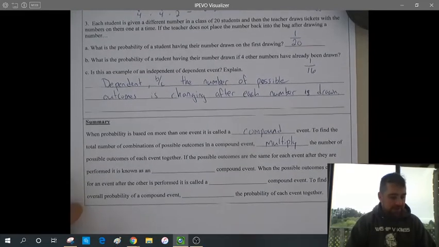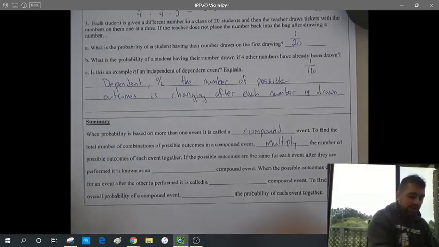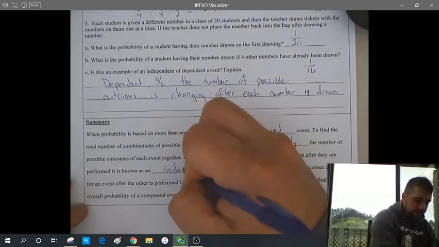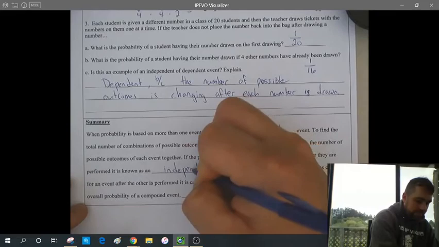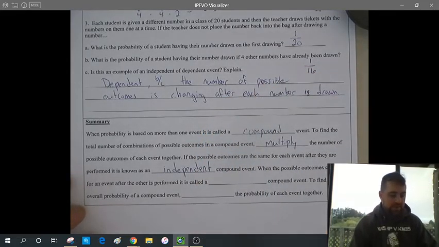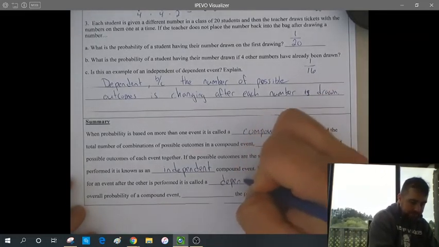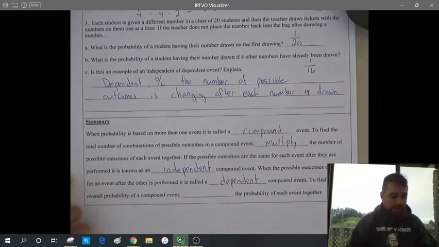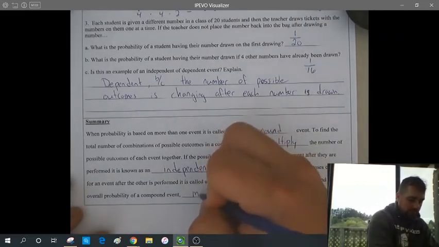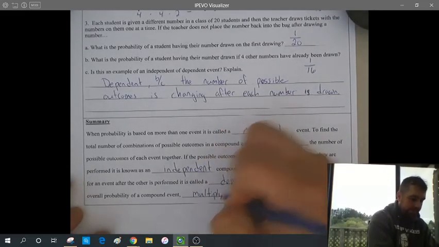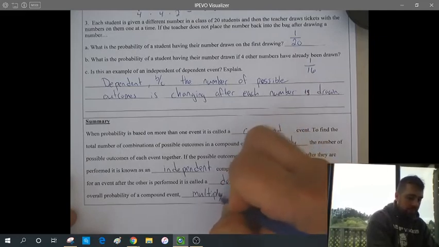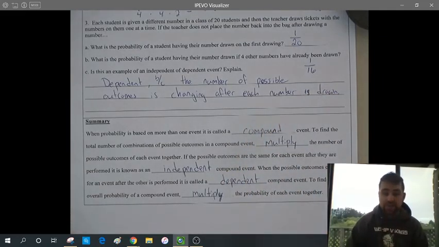If the possible outcomes are the same for each event after they are performed, it is known as an independent compound event. And when the possible outcomes change for an event after the other is performed, it is called a dependent compound event. To find the overall probability of a compound event, we multiply the probability of each event together.